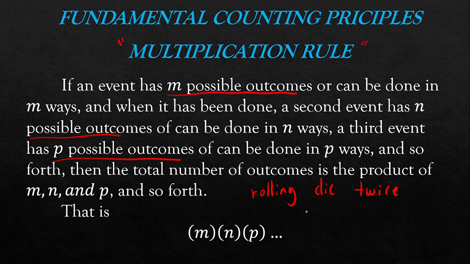The first roll is the first event, and we have six possible outcomes, times the second roll. If you roll a die for the second event, you will also have six possible outcomes. So 6 times 6 is 36. The total is 36 possible outcomes.